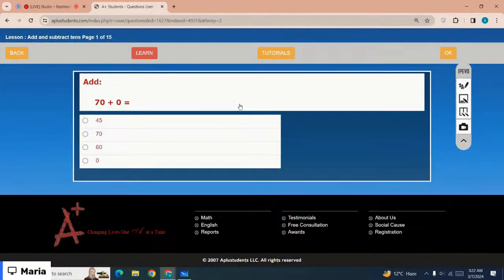So 70 plus 0 is 70. The correct option is 70.